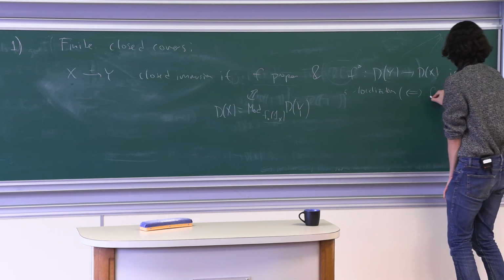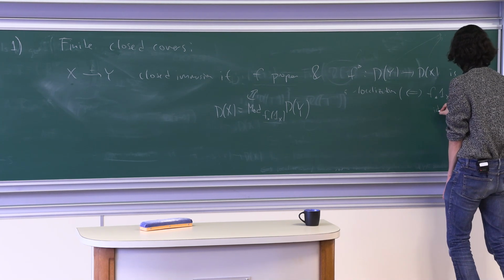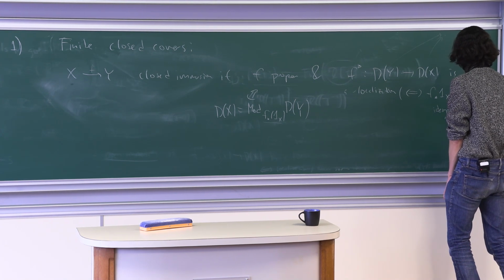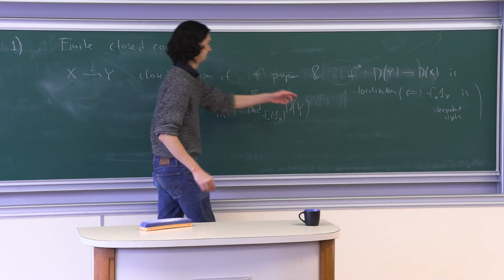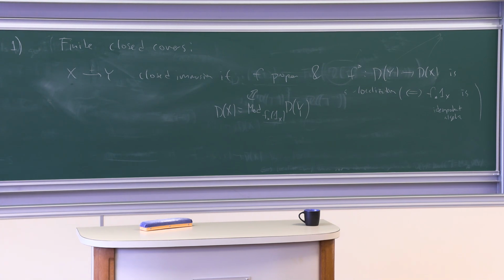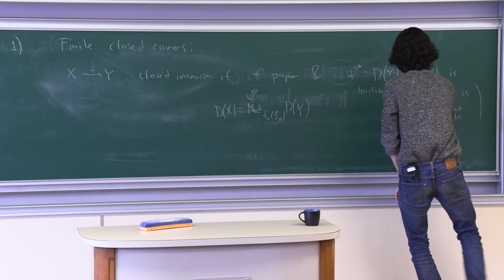Then being a closed immersion is the same thing as saying that this algebra is idempotent. So the tensor product of two copies of itself in D(Y) is itself again, via, say, the multiplication map. This is since f is proper.